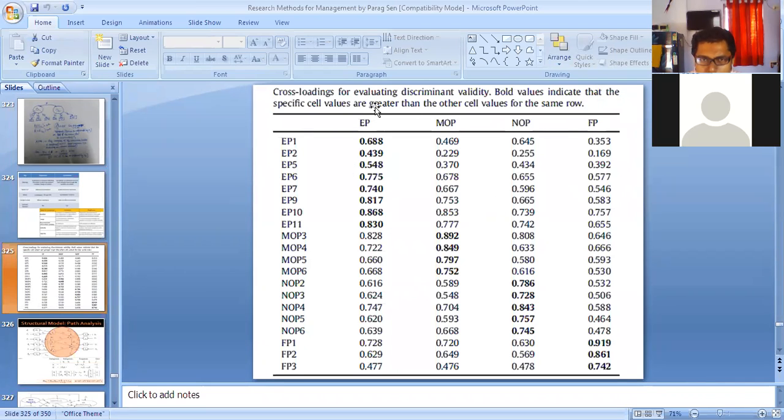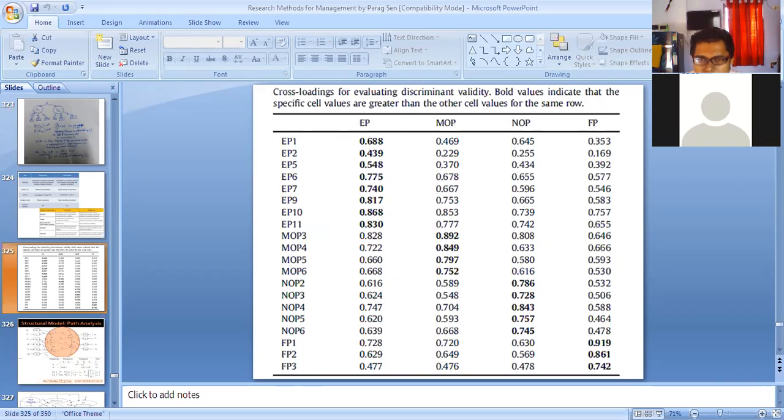I had four constructs: environmental proactivity, manufacturing based operational practices, non-manufacturing based operational practices, and financial performances. Under EP, I had some manifest variables. Under MOP, I had some manifest variables. Under NOP, I had some manifest variables, and under FP as well.